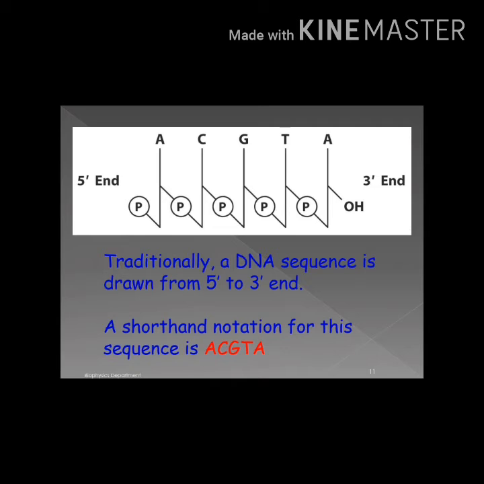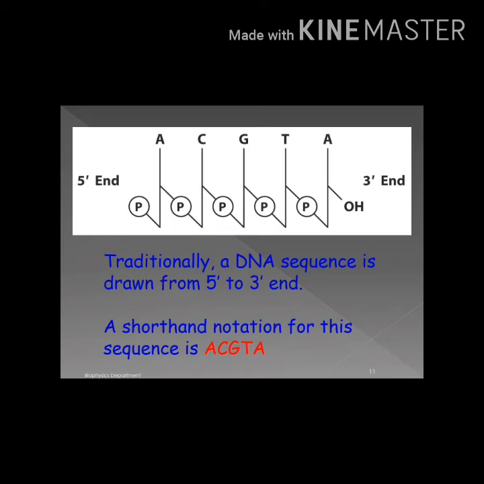Here in this simplified structure of the DNA primary structure, the 5 prime end is the phosphate group end, and the 3 prime end is the OH group end.